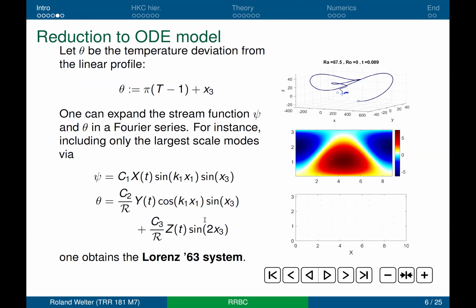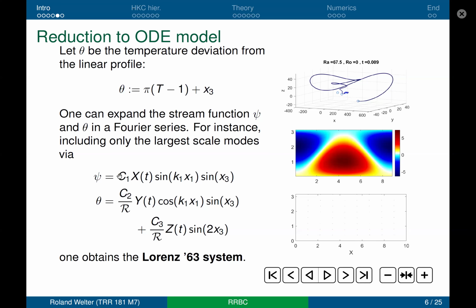To motivate the approach that I've been taking, I first want to talk about the reduction of the PDE to an ODE model. The simplest way this can be done is, first, to subtract off the linear temperature profile, which linearly interpolates between the bottom and the top, giving a new variable theta.